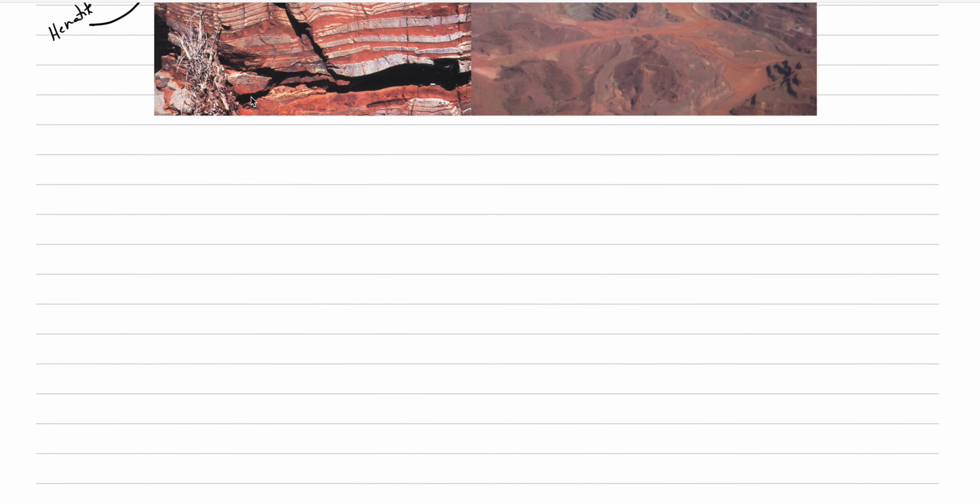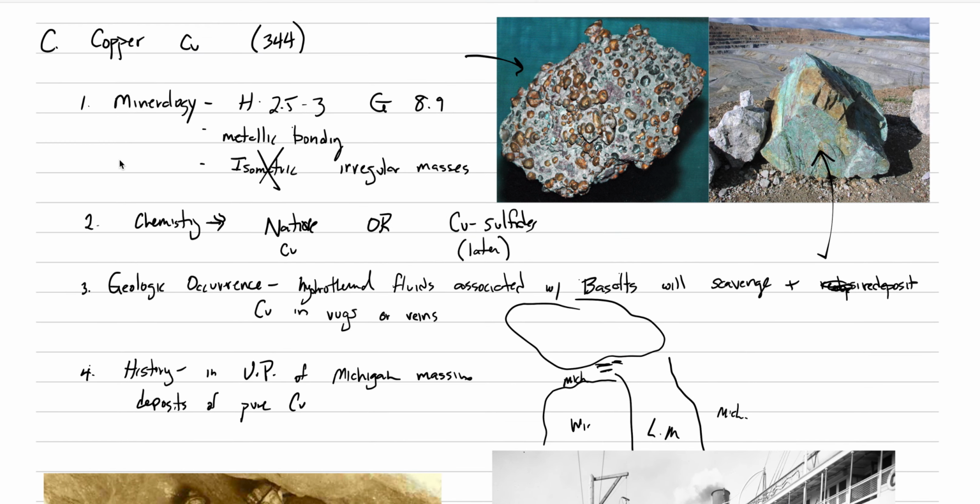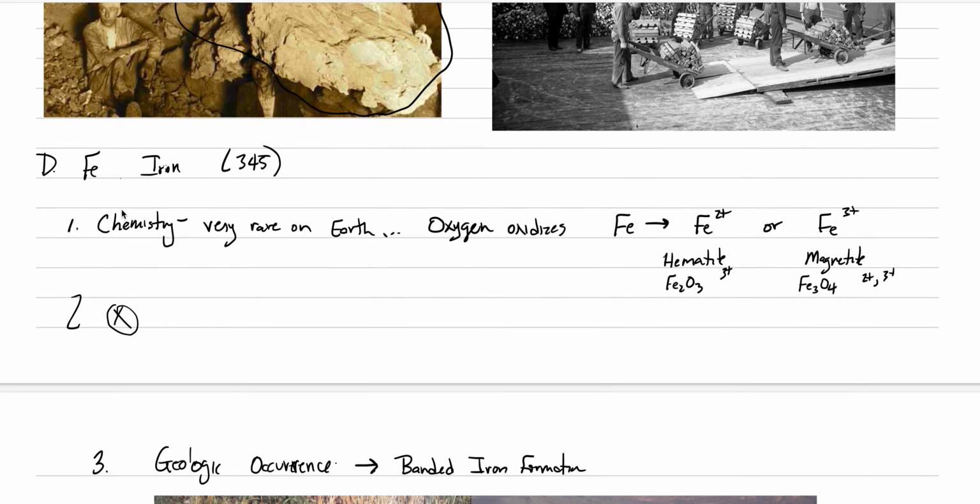Our other geologic occurrence of iron on Earth is actually extraterrestrial in origin. So our second is in meteorites. Sometimes meteorites will fall to Earth and they haven't had a chance to fully rust out and oxidize, and so there is iron that can be found in them. We have iron, nickel.